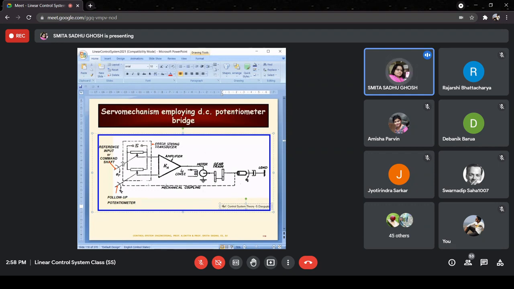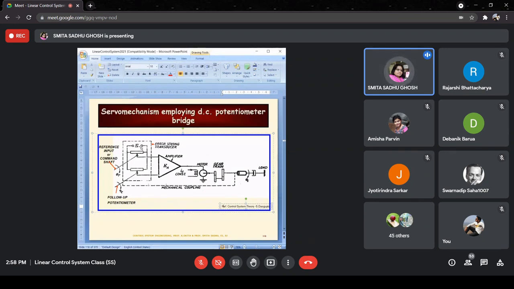It's going to be proportional to theta r minus theta c, which is going to be equal to 0 when theta c is exactly equal to theta r. So that will apply a 0 voltage over here, and hence a 0 voltage will be applied to the motor. So no further rotation will take place once the load shaft angular position is exactly equal to the command shaft angular position.